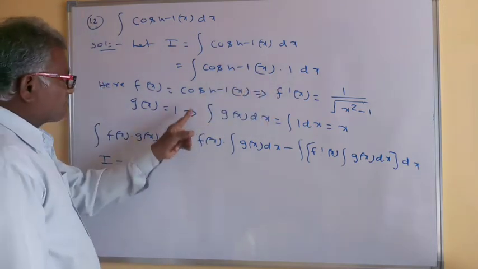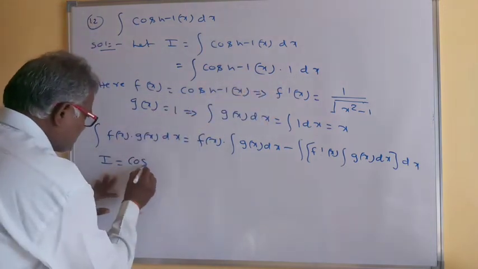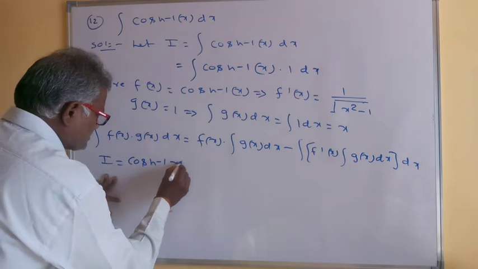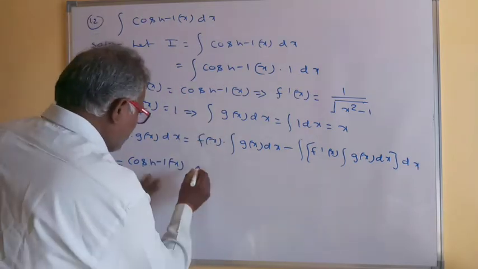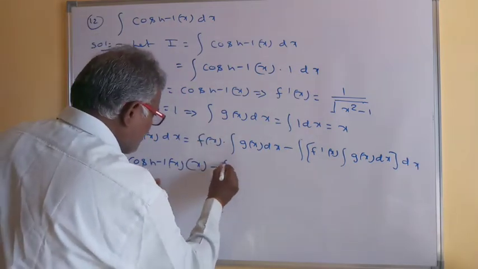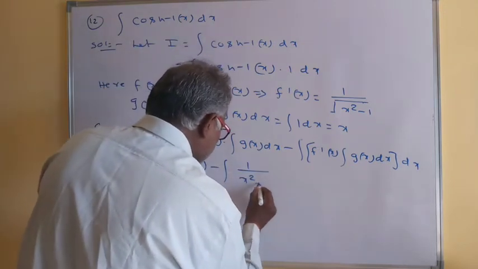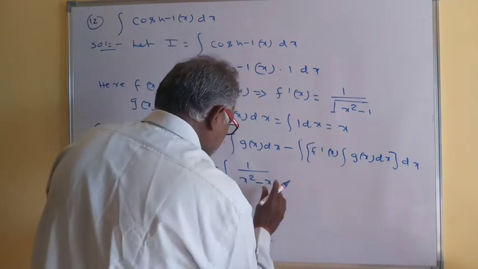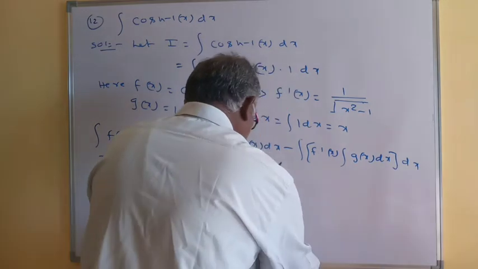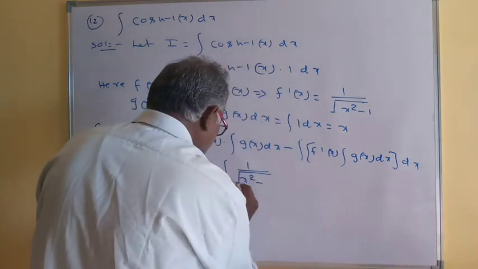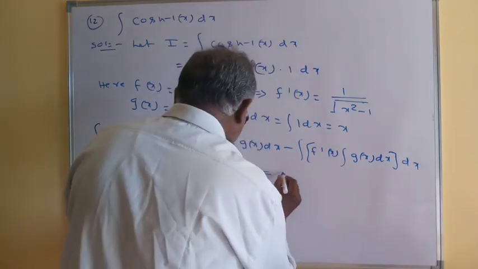Gives us f of x, which means cos h inverse x, into integral value x. Okay. Minus the derivative, 1 by root of x square minus 1, into integral value x.